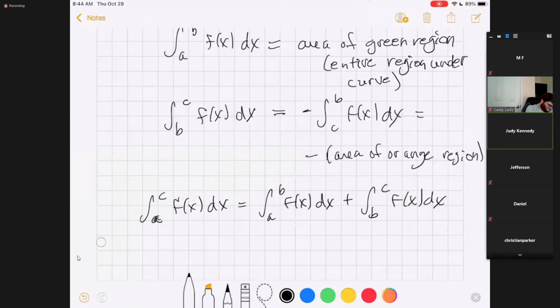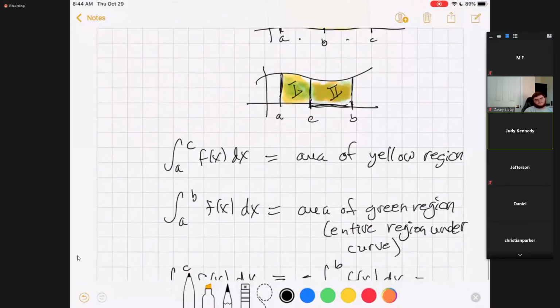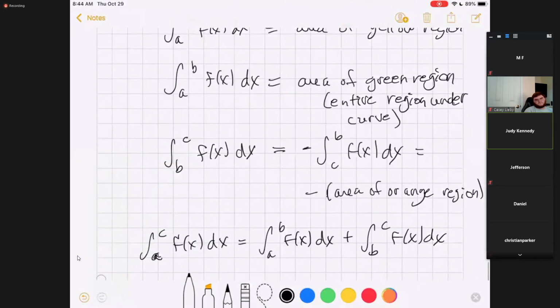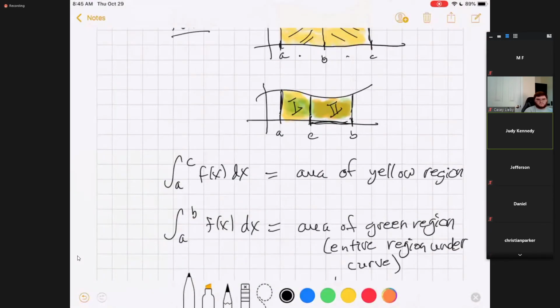What does it say? It says that the integral of... I've got too much junk on here now. Let me label this as region 1 and this as region 2. Okay. That the area of region 1 is equal to the area of region 1 union region 2.